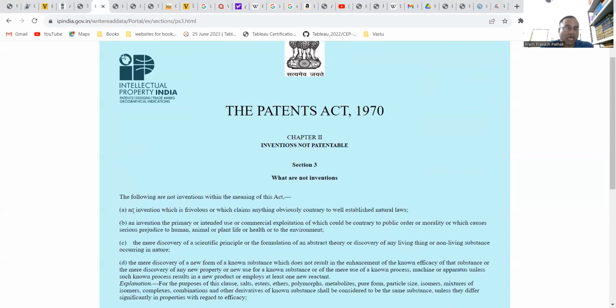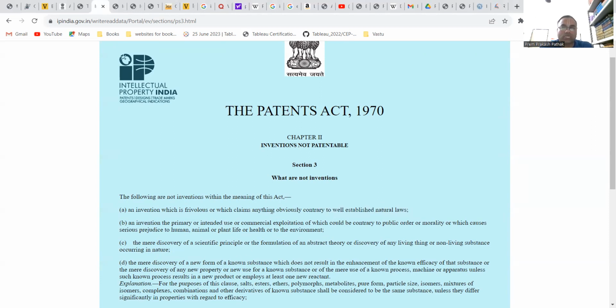It says an invention which is frivolous or which claims anything obviously contrary to well established natural laws. So anything which is against the natural law, if anyone wants to claim that, that is not allowed. So what is against natural law?